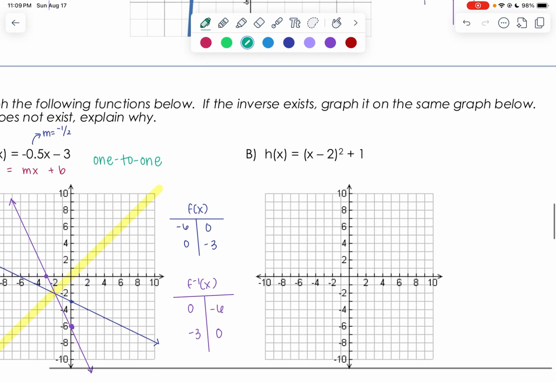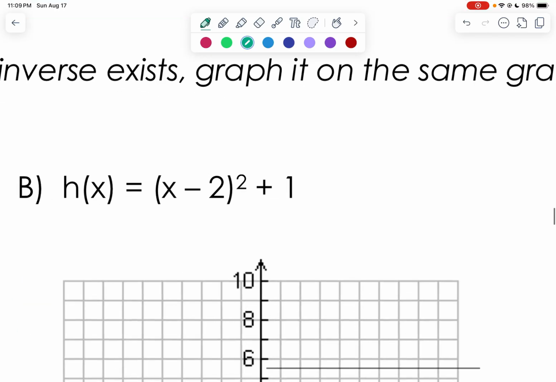Now, let's take a look over here at our quadratic. I know that it's a quadratic because of x squared. I also can think back to my quadratic parent function and my parent function transformations. If this is a quadratic, that's going to be a parabola.